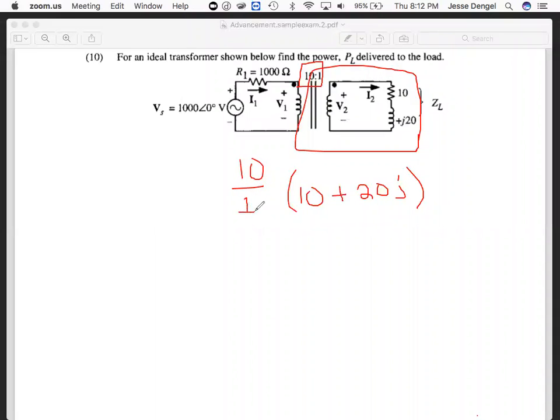10 over 1, and in every case, that number is squared.